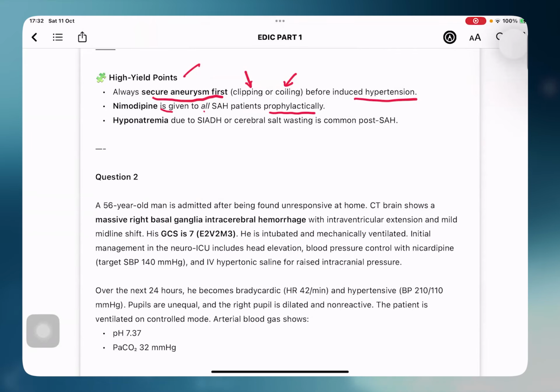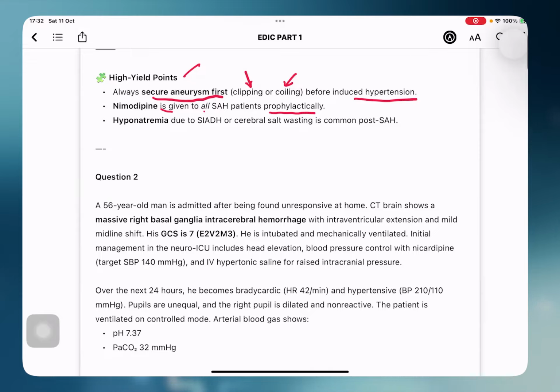So next question, a 56-year-old man is admitted after being found unresponsive at home. CT shows a massive right basal ganglia intracerebral hemorrhage with extension into the ventricle and mild midline shift. His GCS is 7, E2 V2 M3.